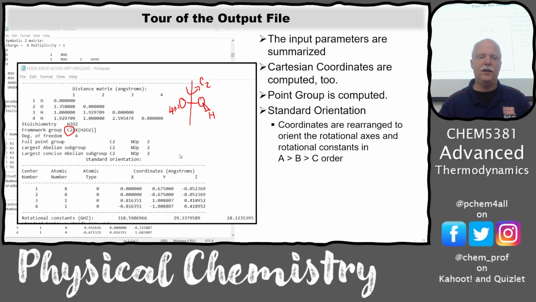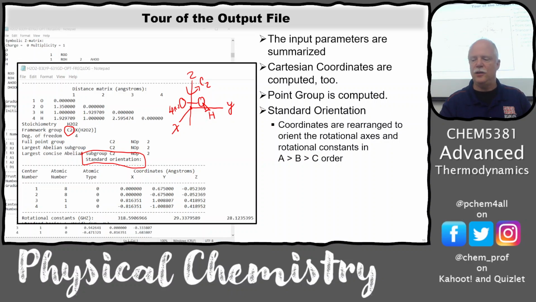And then it has this thing called standard orientation. So the standard orientation takes your molecule and orients it like I've drawn it here, where the origin is the center of mass, and you have the X, Y, and Z coordinates, and it puts it in A, B, C order, where you have the rotational constants, A, B, and C, the three rotational constants, in this order where A is the largest, B is the intermediate, and C is the smallest.